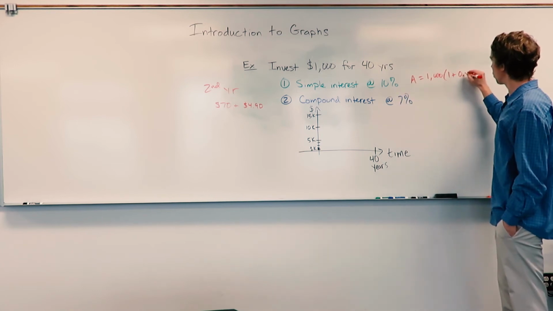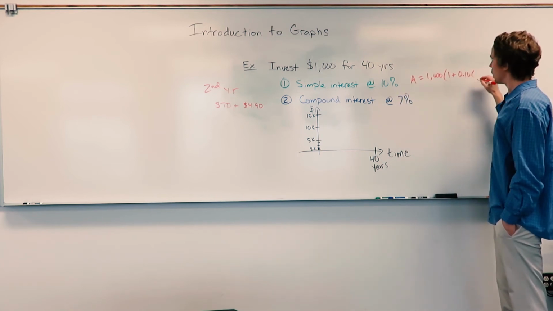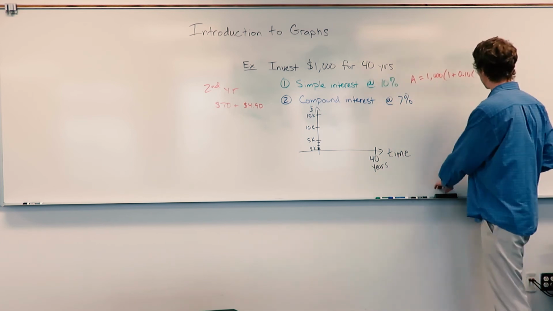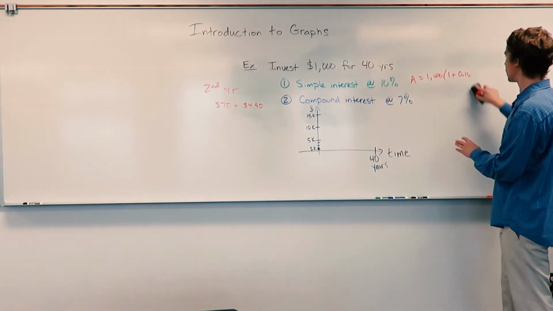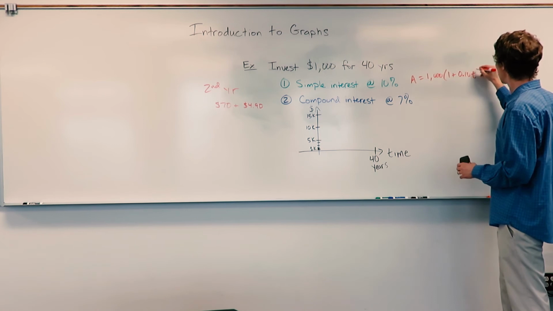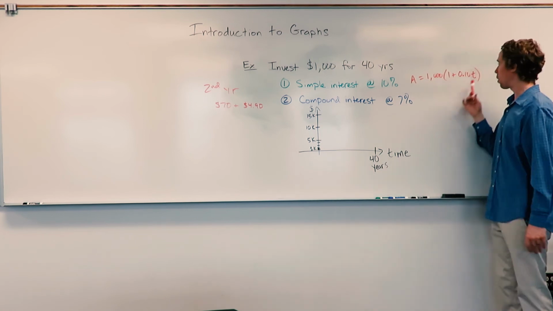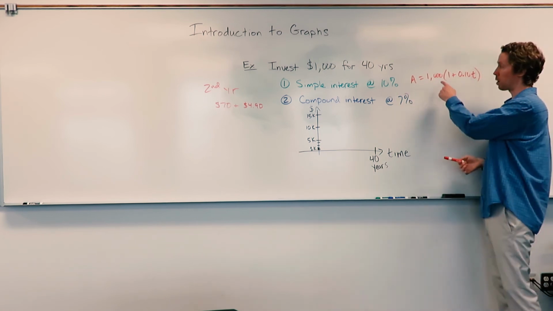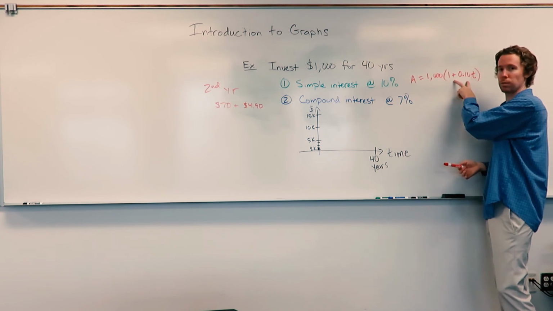I'll put that down as 0.10, times the amount of time. I'm going to put amount of time as t. So however many years we do this, we can calculate it by 1,000 times this.